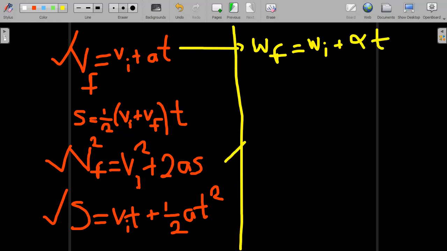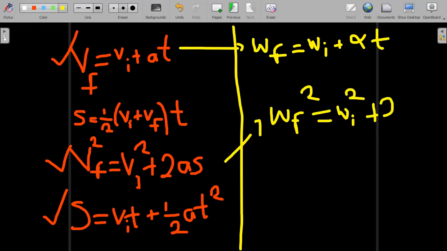For this one, we're just substituting something that is equal to the displacement. What is the counterpart? Theta. Right. And the last one, what are we going to have?